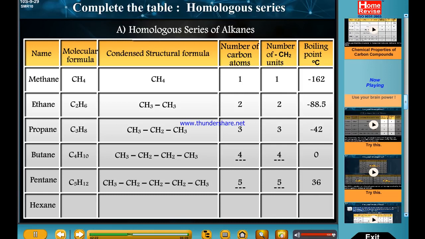Hexane, C6H14, CH3CH2CH2CH2CH2CH3. Number of carbon atoms 6. Number of CH2 units 6. Boiling point 69 degrees Celsius.